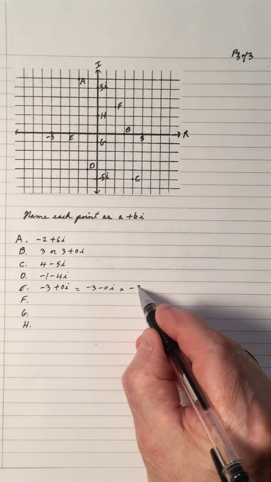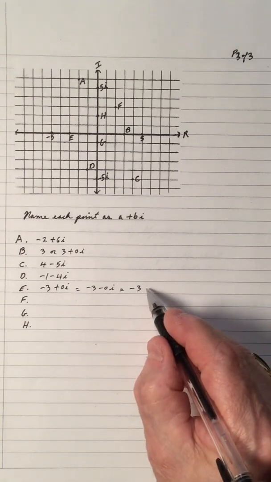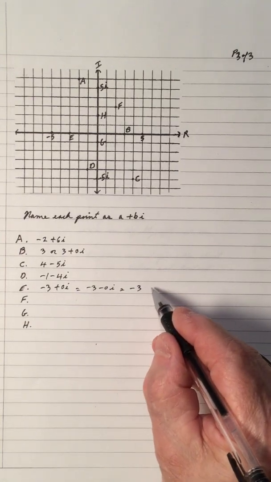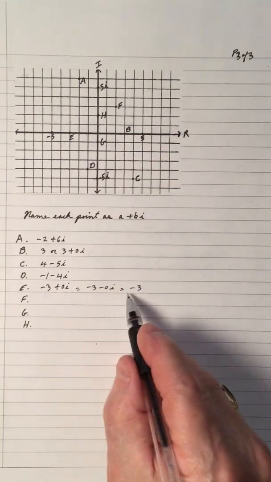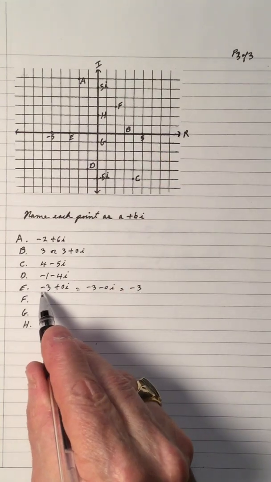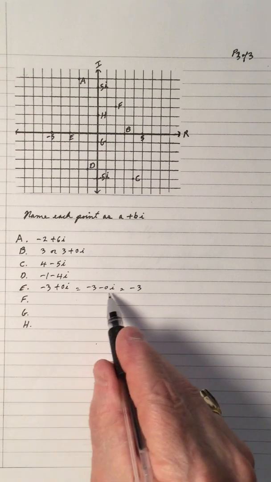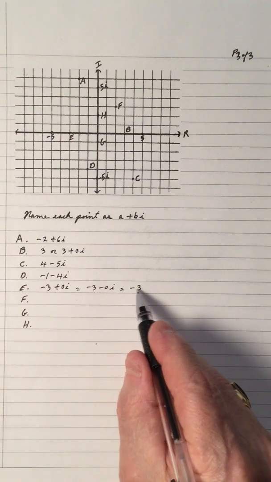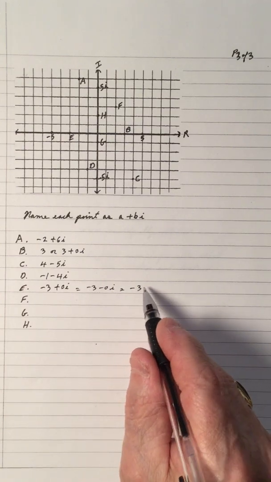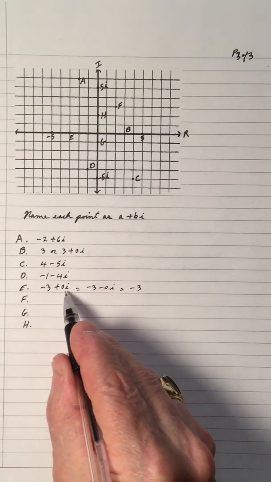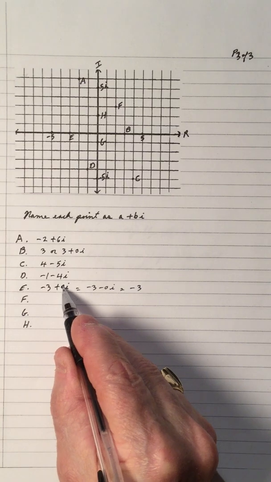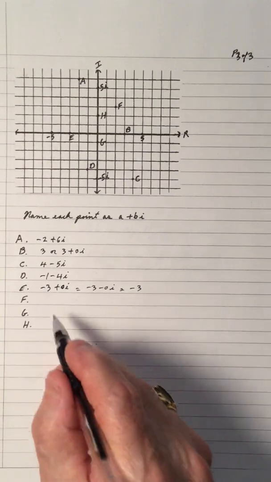So if you wrote down just -3, you're okay, because people know that there's no imaginaries, no i on it. But ask your teacher that, do you have to put -3 plus 0i, or -3 minus 0i, or just -3? If they ask you for this form, then you put the 0i in, and then you won't be wrong.